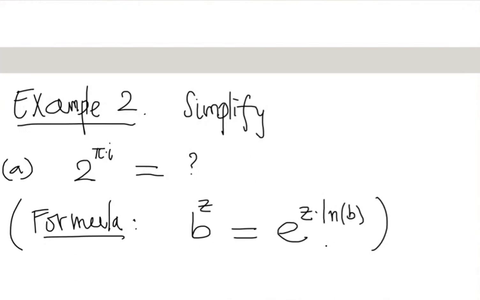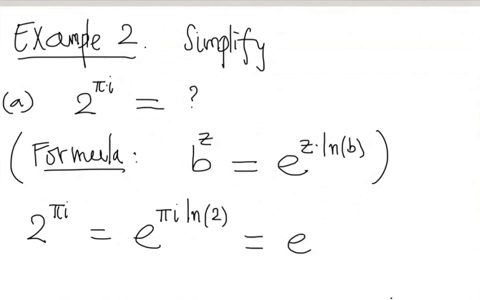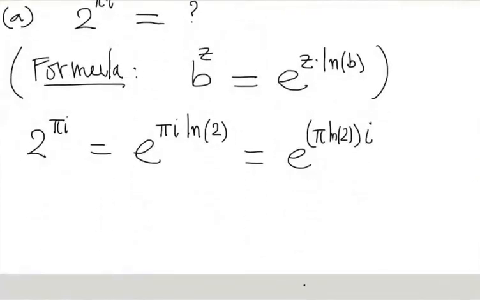And once we have base e, we may use Euler's formula. So 2 to the pi i will be e to the pi i ln of 2. And so we may rewrite as e to the pi ln 2 times i. And now we may use Euler's formula.